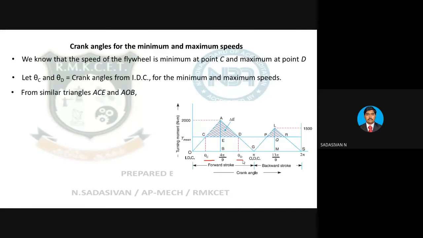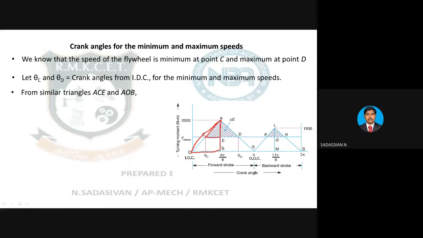From similar triangles ACE and AOB: ACE is the small triangle, and AOB is half of the large right angle triangle.